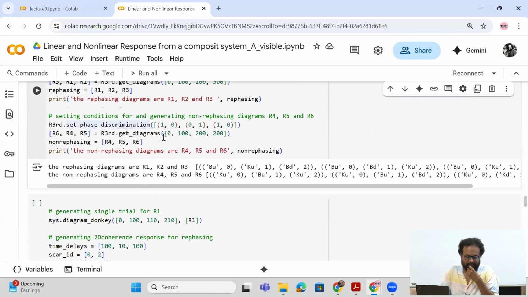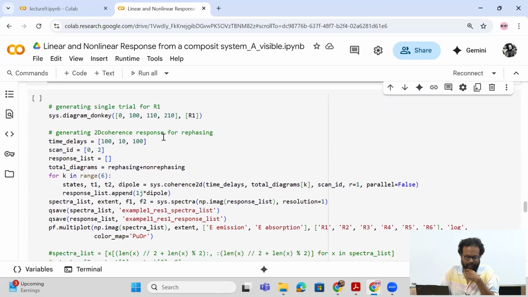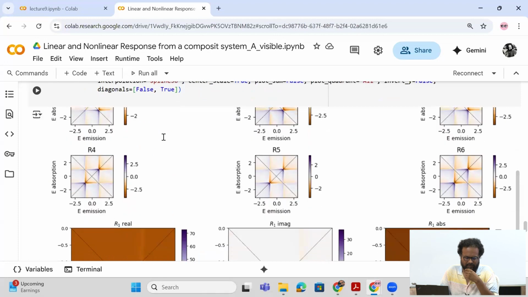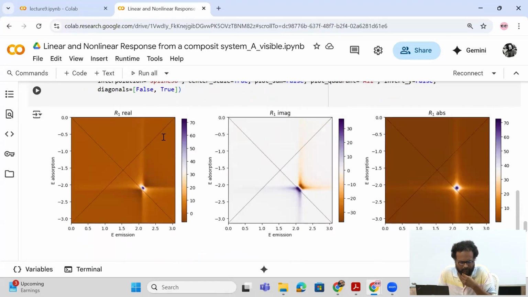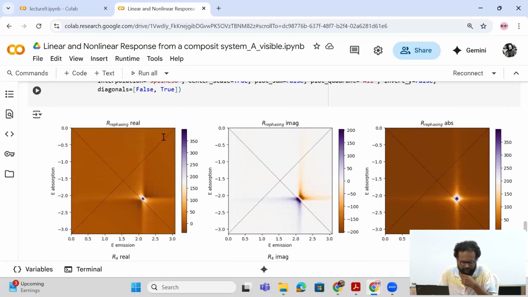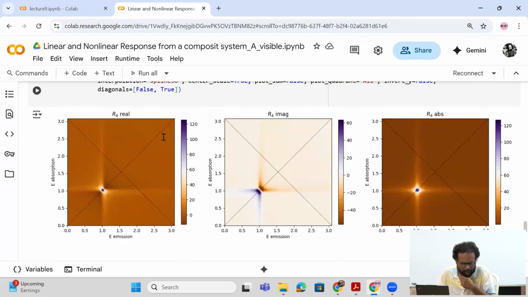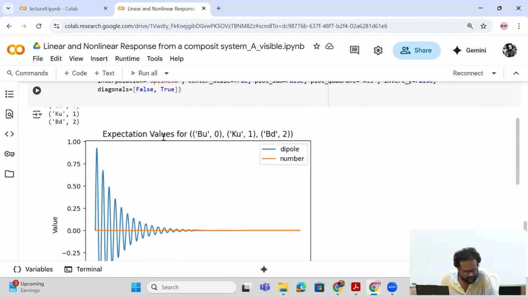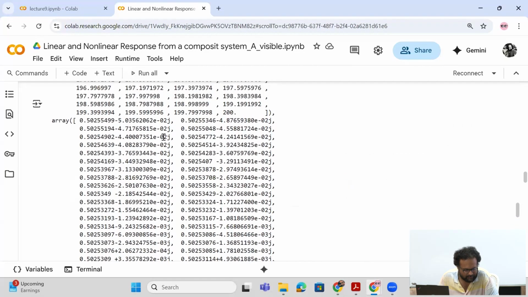These are our non-rephasing diagrams. Very good, and then we go and calculate the response. Let's look at the final rephasing response. Is this the right one? I would have expected something else. Let me rerun this.